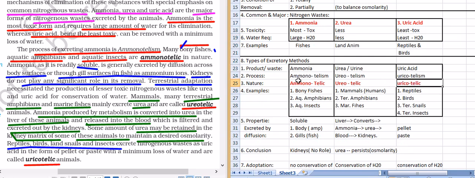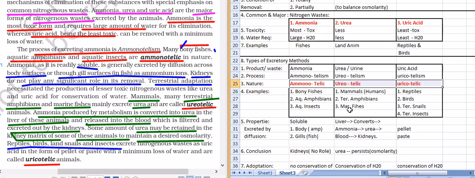Three topics, 3 examples, 4 examples, and some extra concepts. So here you remember this is soluble, because here everything is soluble, but the method is easily diffusible. So the body can release or gills can release.